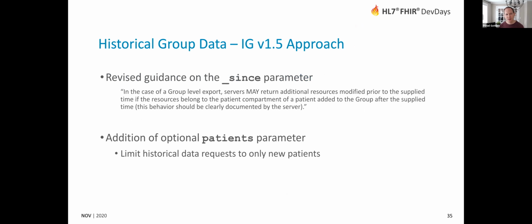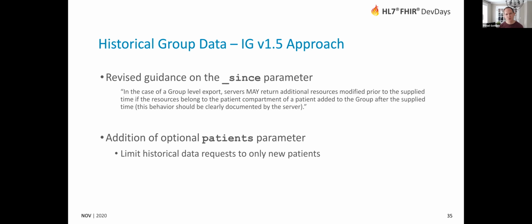And one area I wanted to highlight is specifically around a problem with historical group data. So one of the things that came up in implementations is that if you're pulling data on a group of patients, for example, all patients who are affiliated with a particular payor, and a new patient moves into that group, that patient may only have data that's been modified since the last time you pulled data, or prior to the last time you pulled data.